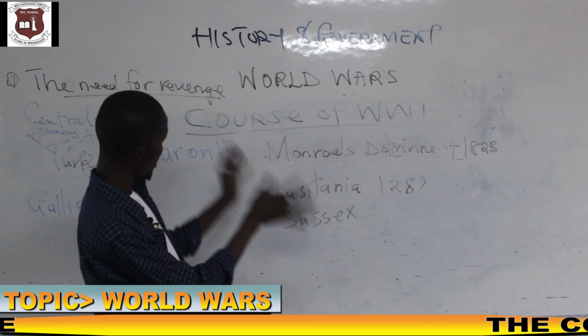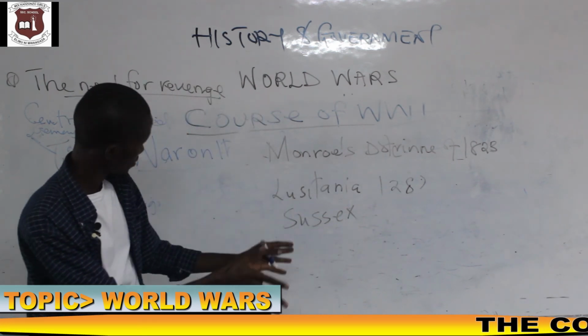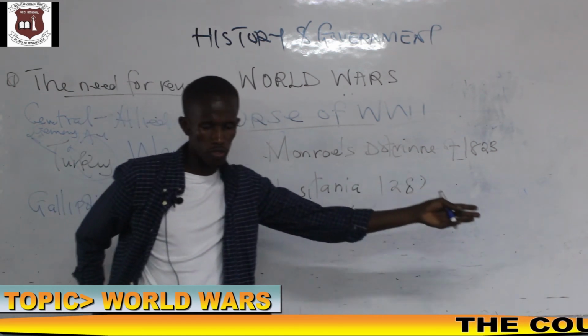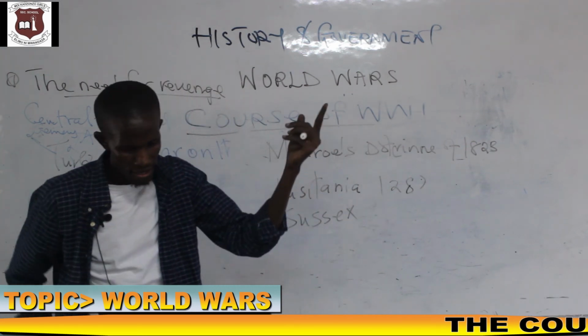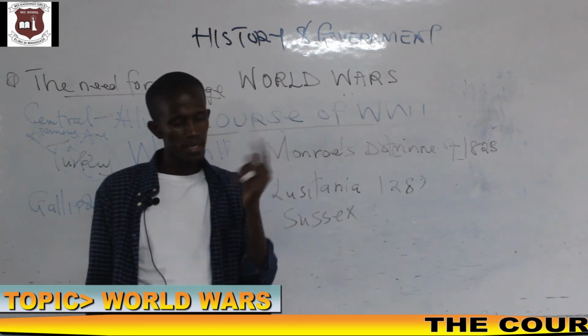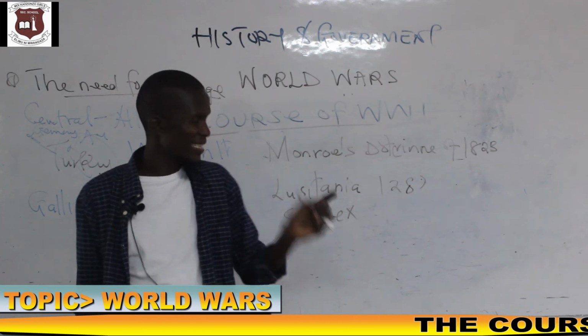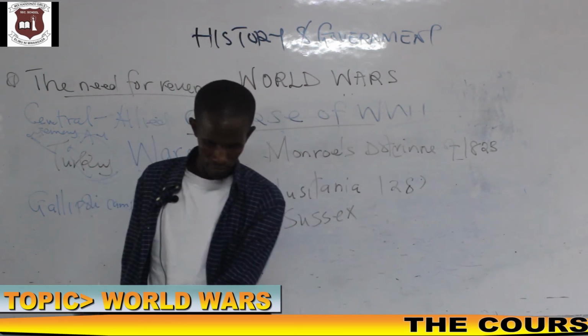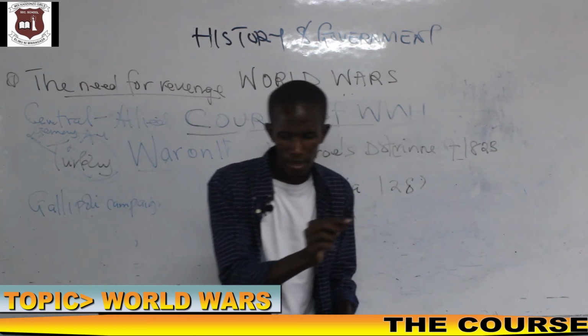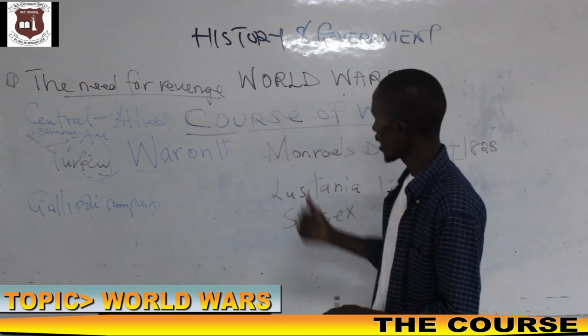So the US Congress voted and the US was allowed to join the war, and they joined the Allied side. So the US joined the war in April 1917 and declared war on Germany. The US joining the Allied side led to the defeat of the Germans and their allies.